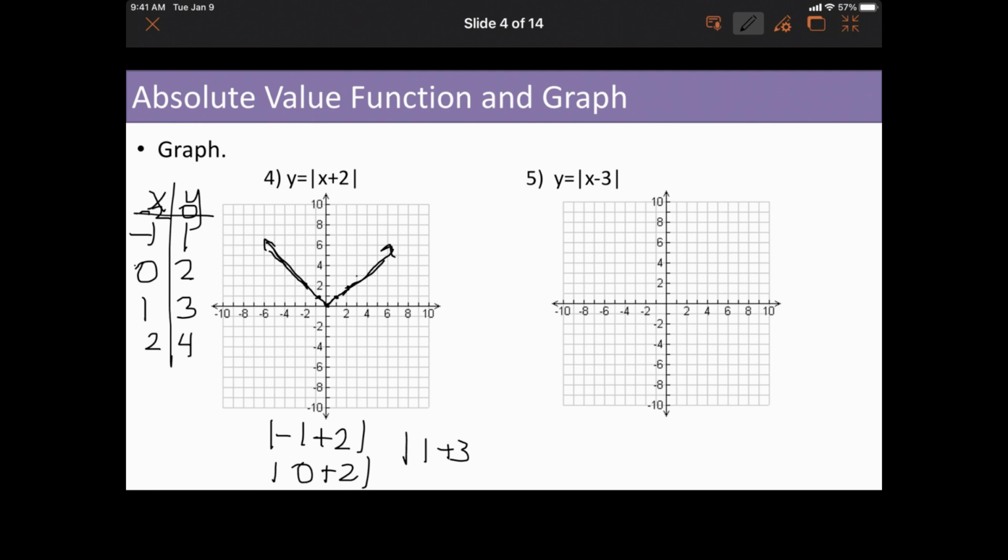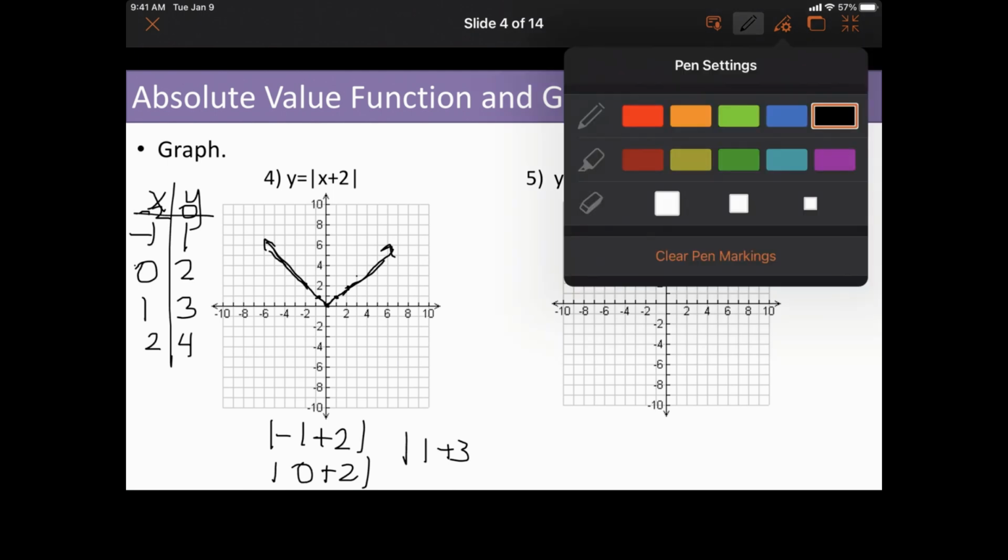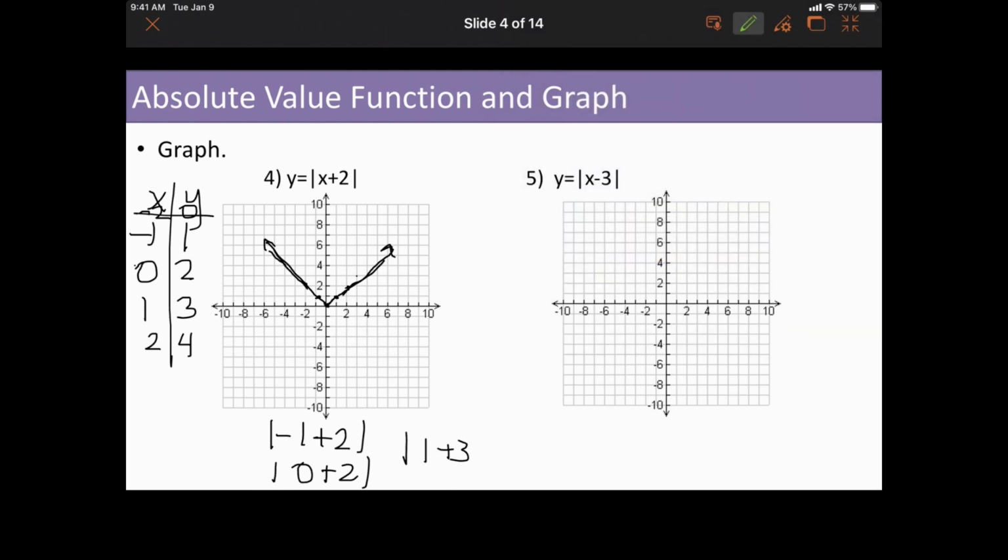So if we take these points that we table, what happens? Well, -2 zeros here. -1 is 1, 0 is 2. Okay, oh, look at that. Well, I need some more points. Oh, I should have put some more negatives. Is it going to go straight down here? Or is it going to go up?